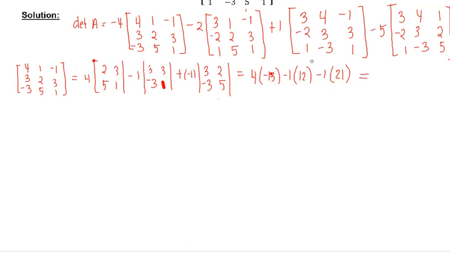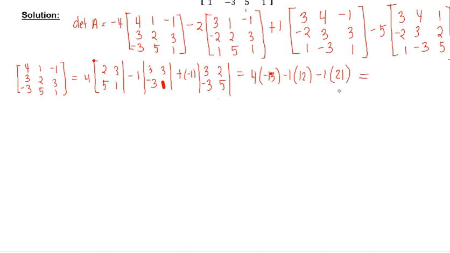our value for this first 3 by 3 matrix is equal to 4 times negative 13 minus 12 minus 21.